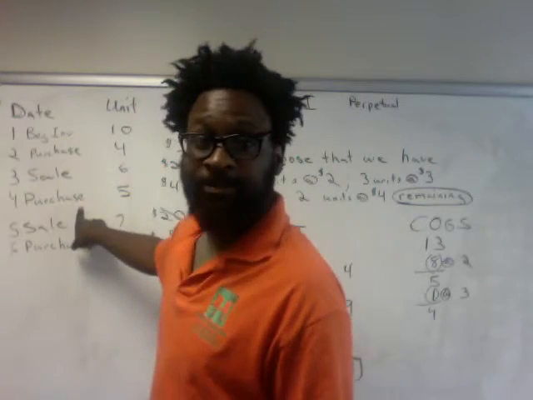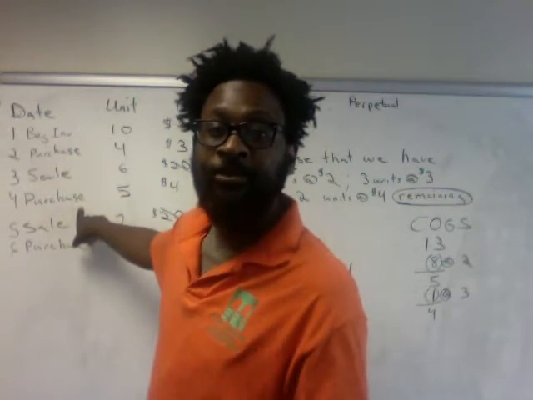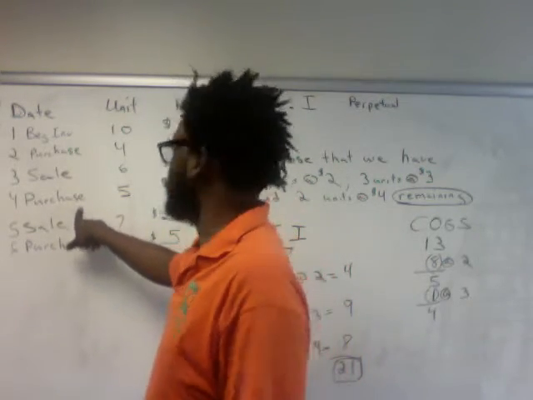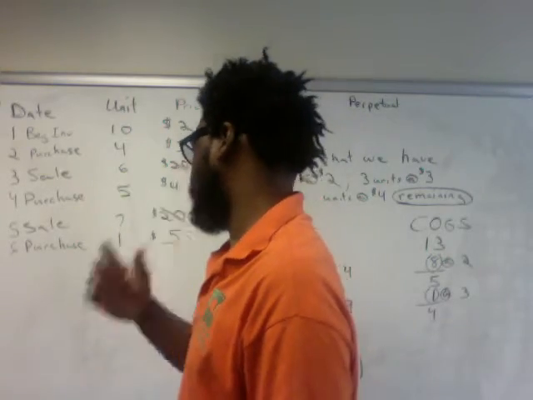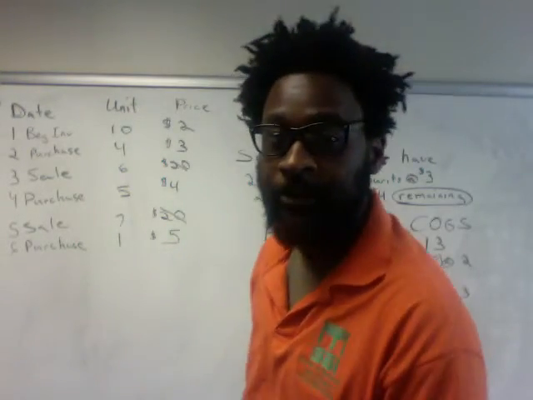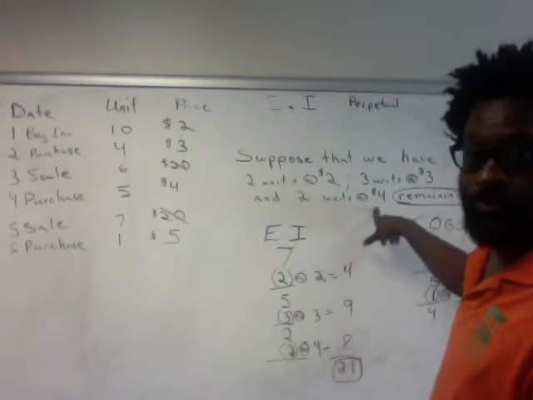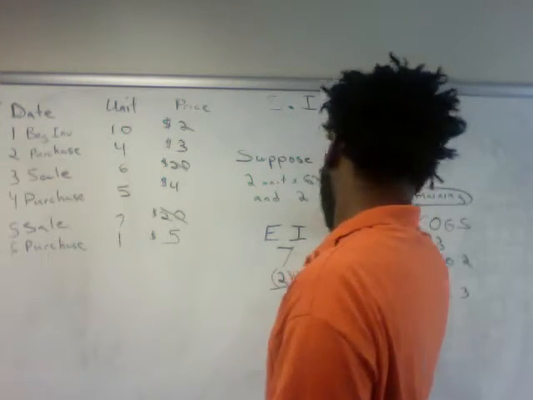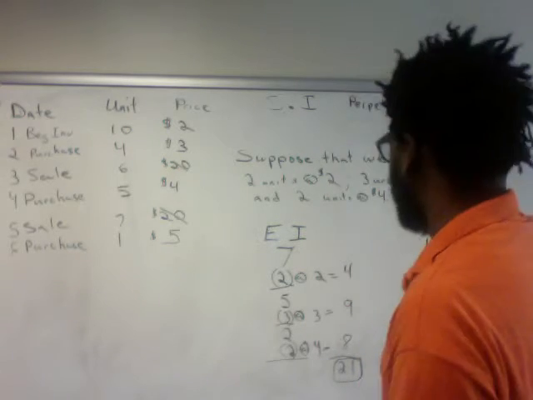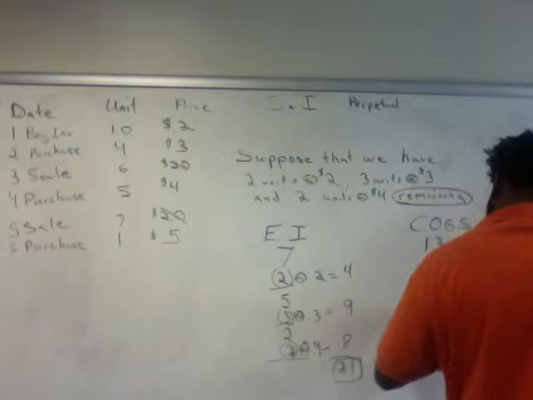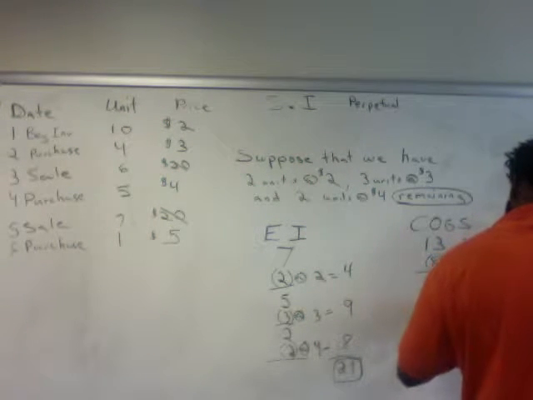Then we go to our next purchase. I am identifying the purchases, not the sales, the purchase. Next purchase, we started out with 5 units at $4. However, we only have 2 left at $4. So obviously, we sold 3 that cost us $4.